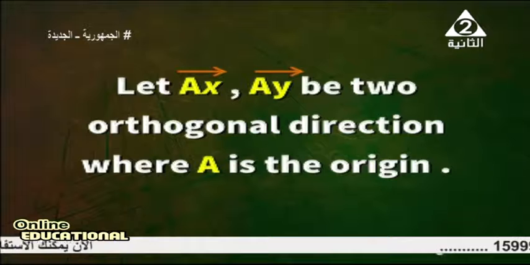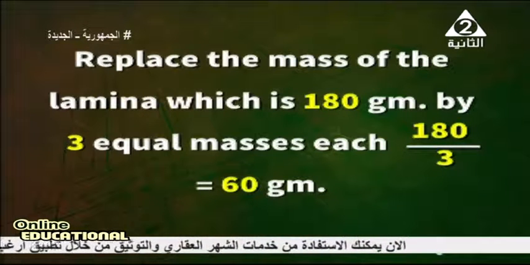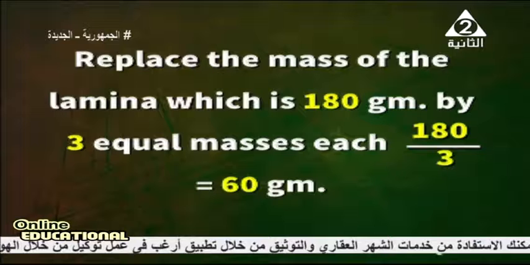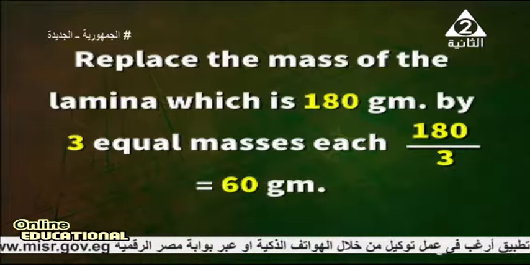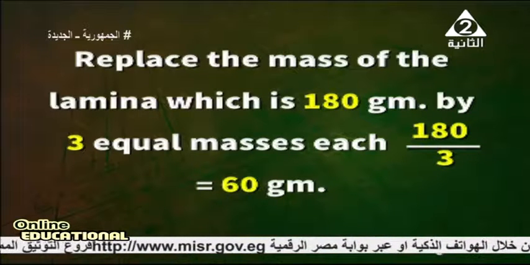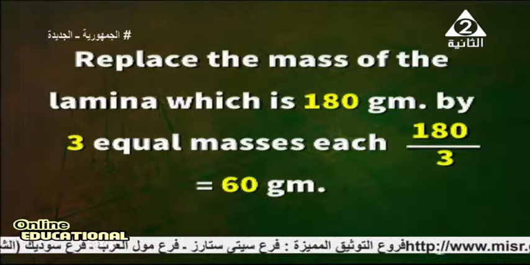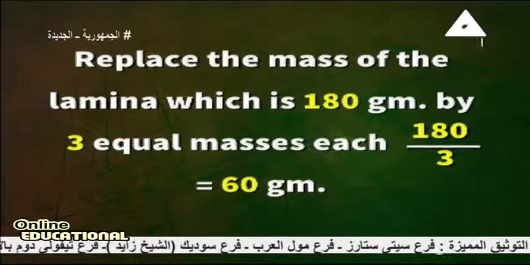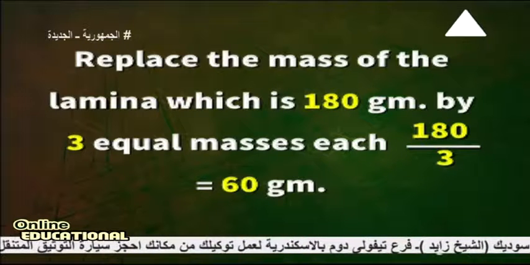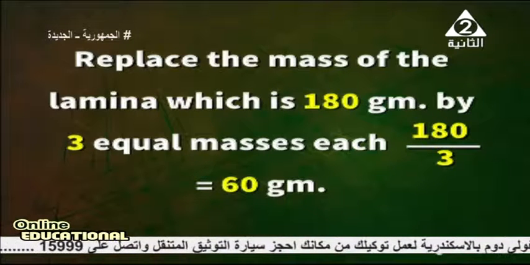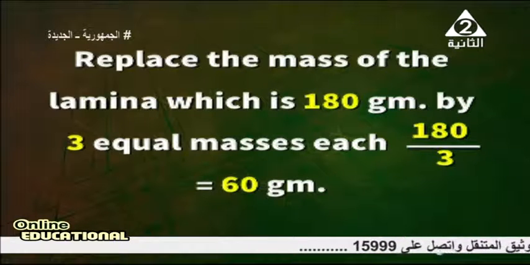Look, my dear students, we have the mass of the lamina in the shape of an equilateral triangle, 180 gram. We replace the mass by 3 equal masses, each of them 180 divided by 3, which is 60 gram.